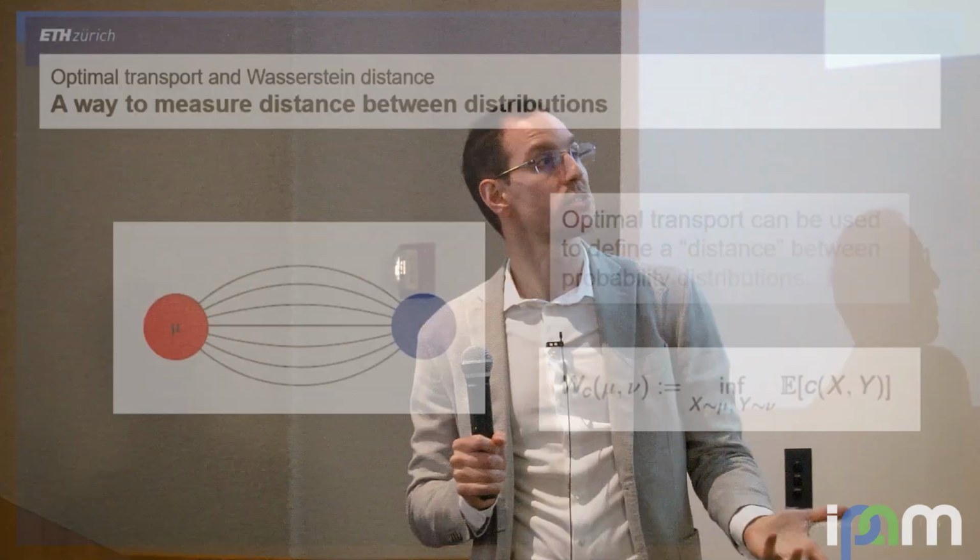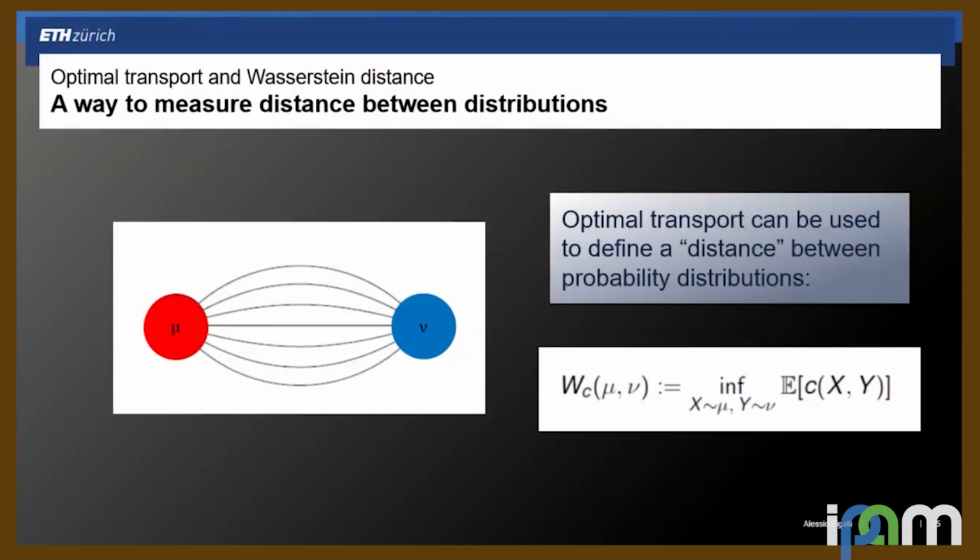So c is the cost that tells you how much it costs to move 1 unit of mass between 2 points, and then you just average. You just add up all the total costs. So among all possible ways of transporting, you just take the least possible cost. So that's the optimal transport distance. I hope it makes sense even for non-mathematicians. Just the cheapest way to move mass given a cost function.